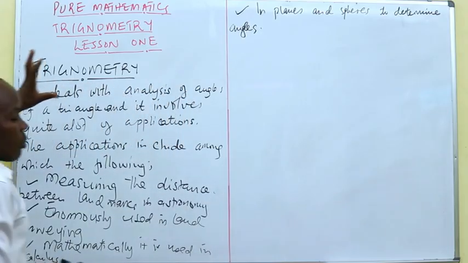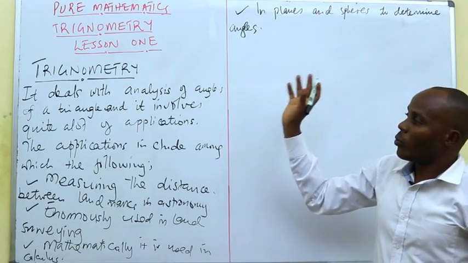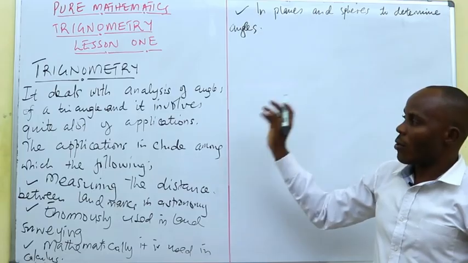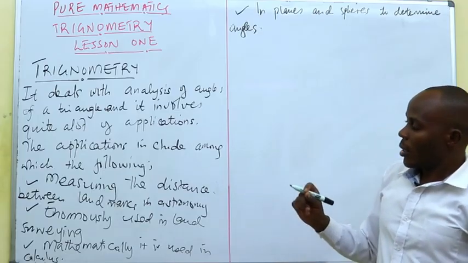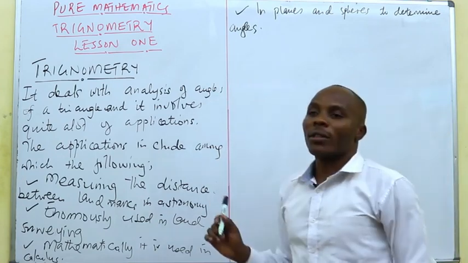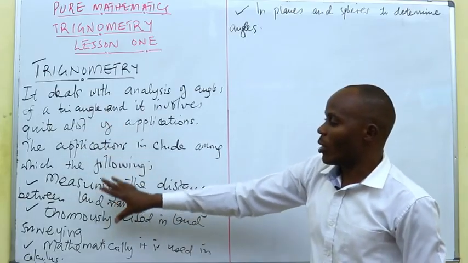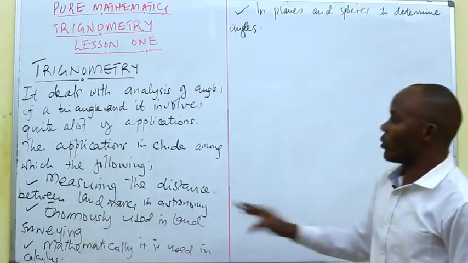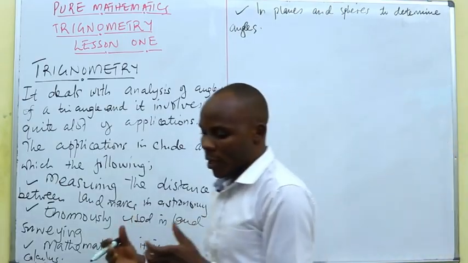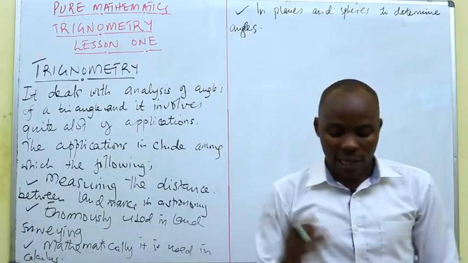So we are saying that trig is the analysis of angles. Now we analyze angles in various formats. The various formats that I'm talking about are these applications. There are many, but I've looked at some of those which we know at hand.